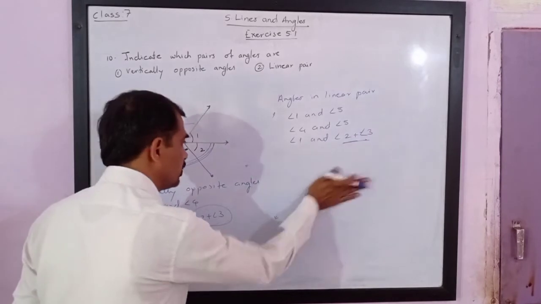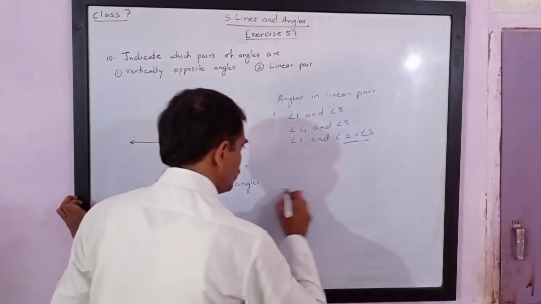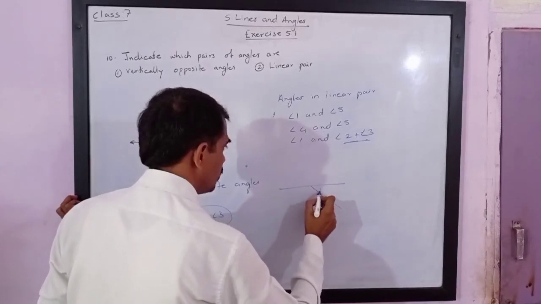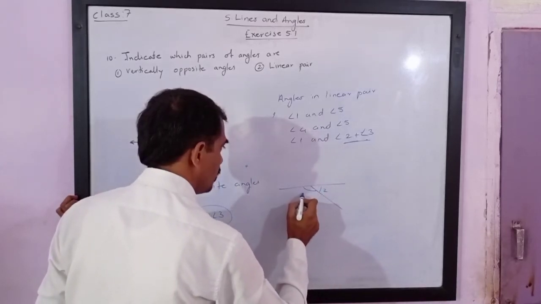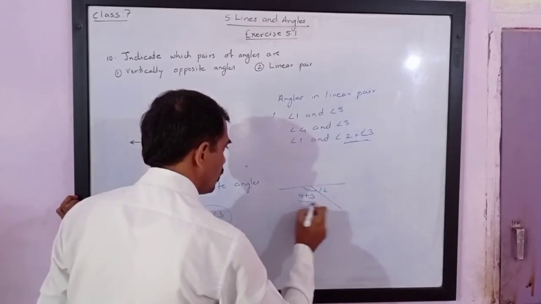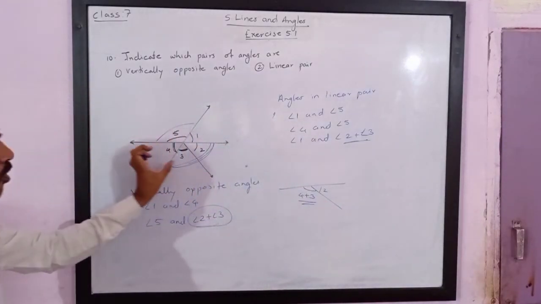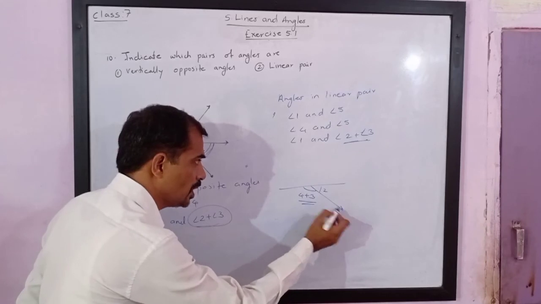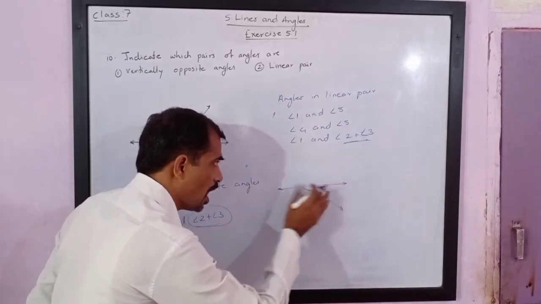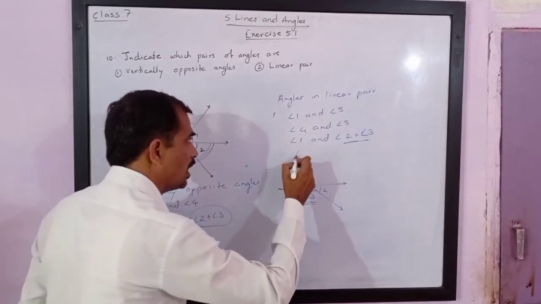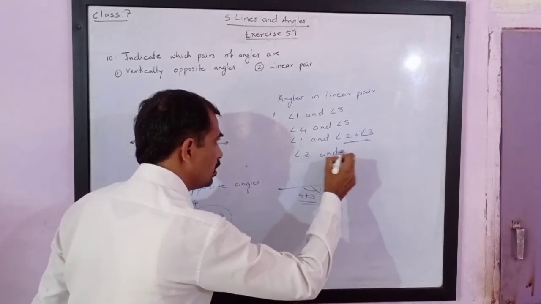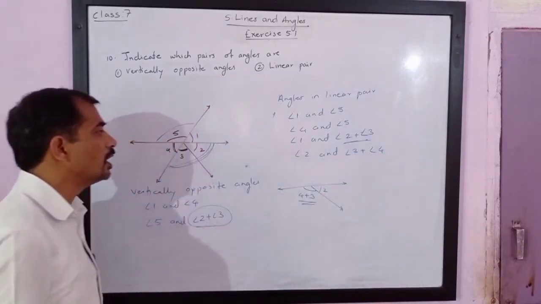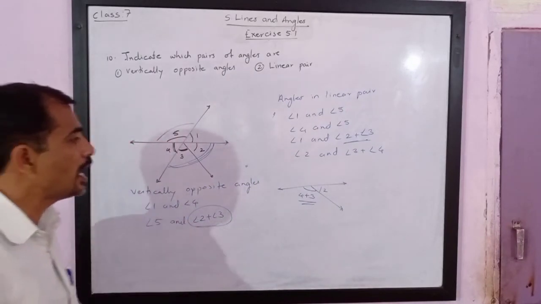Then if you take 4 plus 3 together and 2 separate, here this is the common arm and the uncommon arms are opposite rays. So angle 2 and angle 3 plus angle 4 also form a linear pair. You can take another also.